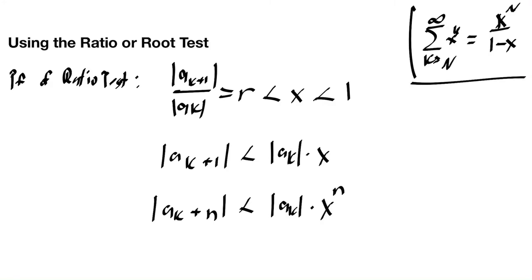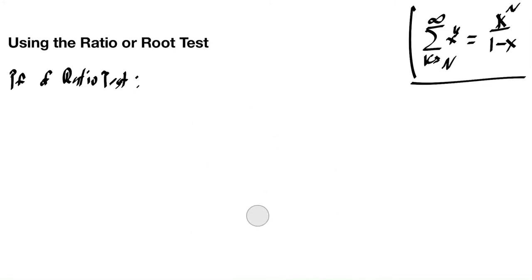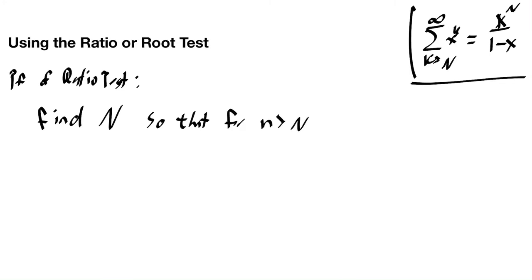So the big idea with what we can do here is we can just let our capital N be big enough so that our sequence has converged to where the ratio is less than x. So what we do is we find capital N so that for n greater than capital N, a sub n plus 1 over a sub n is less than x, which is less than 1.